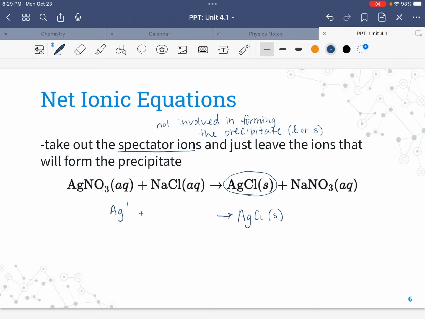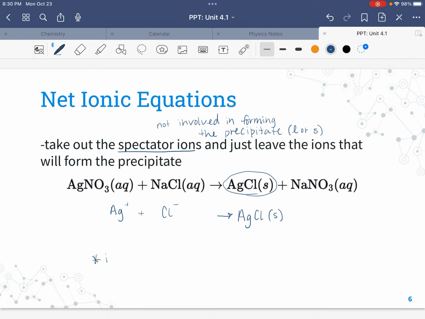And then from our NaCl, we're just concerned about the chlorine, so we're going to get the chlorine ion from the salt. So this would be our net ionic equation for this particular problem.